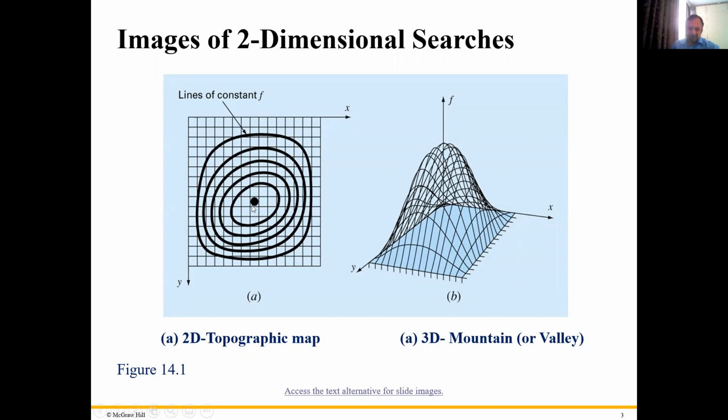These are called contour lines. In the figure on the left-hand side, the contour lines show some of the lines or points. The point in the middle is the optimum point, which corresponds to this point over here.